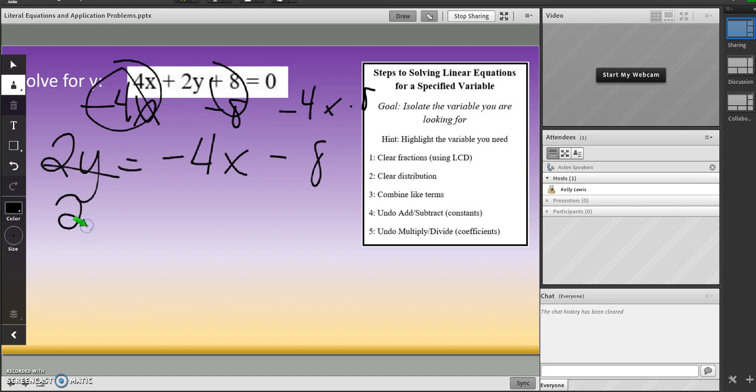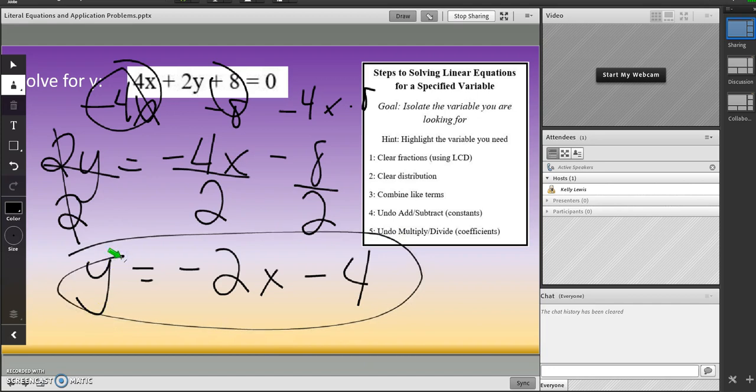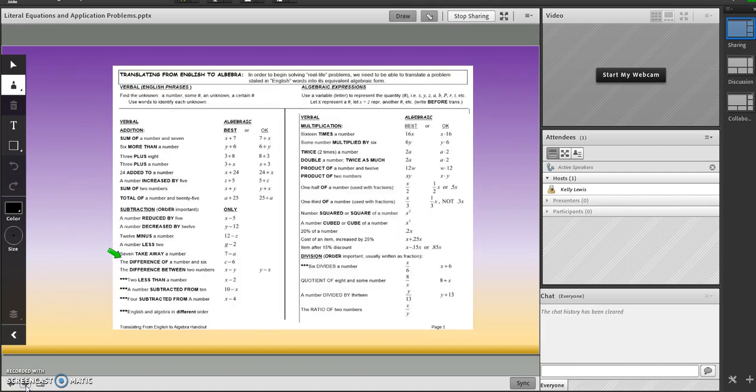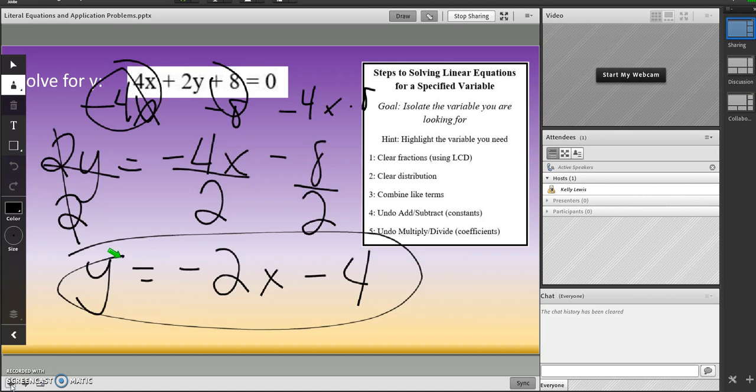Not subtract, I'm so silly. Divide by 2. Alright, so I get y equals negative 4 divided by 2 is negative 2x. Negative 8 divided by 2 is negative 4. I'm going to stop this video right there because on the next I'm going to do the word problem stuff.